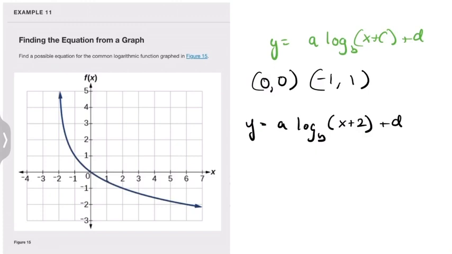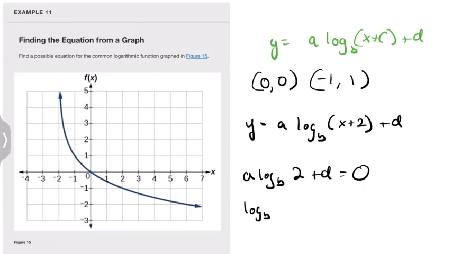So now let's try when x is 0. Let me see. Do we have any other information? So when x is 0, y is 0. So then we're going to have a log base b of 2, plus d, equals 0. We could subtract d and divide by a.